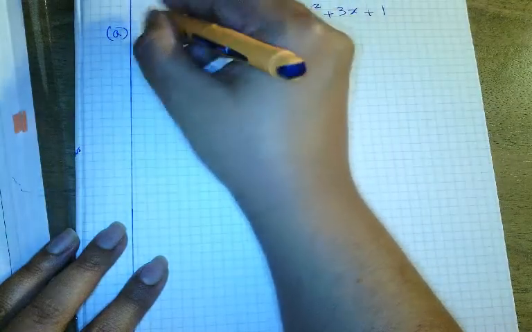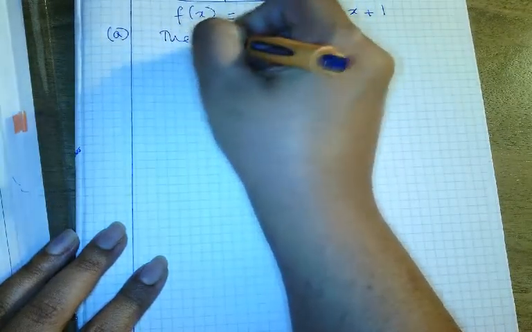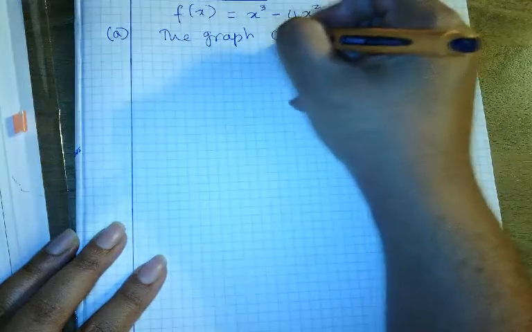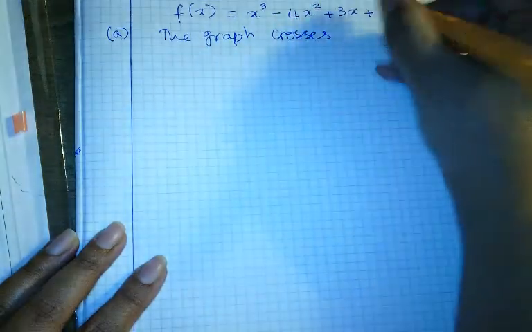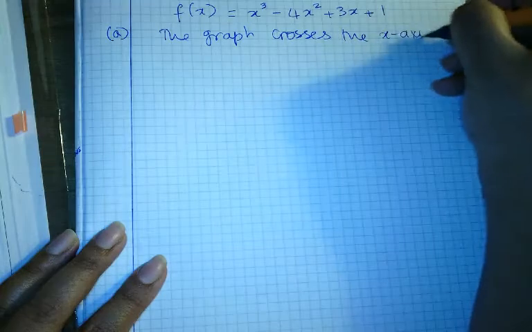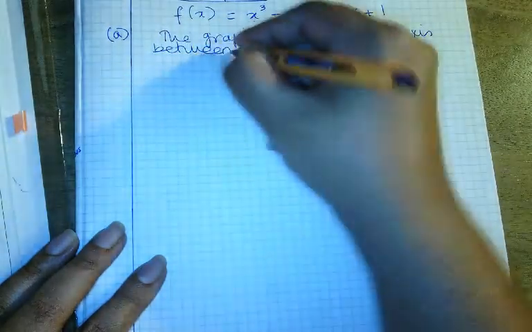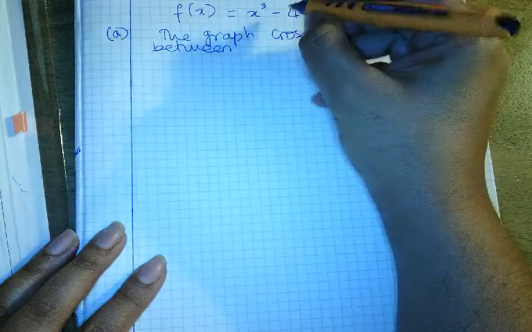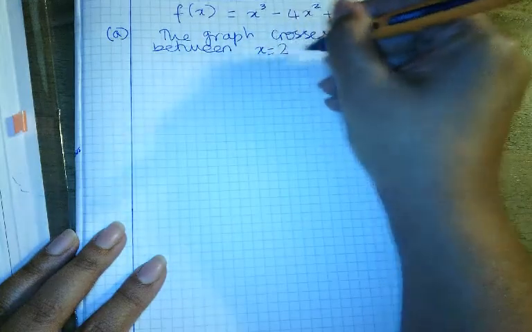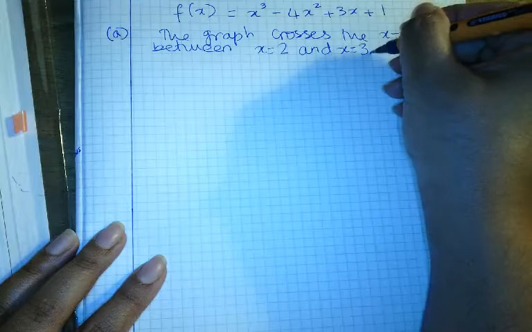So because the diagram's already given to us, all I need to say is that the graph crosses the x-axis between x is equal to 2 and x is equal to 3.